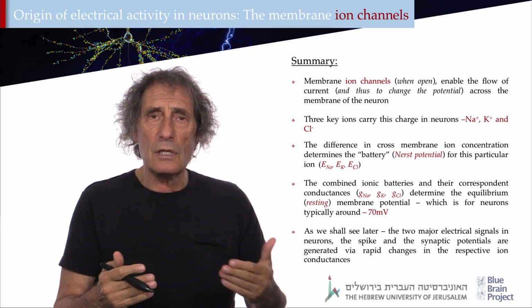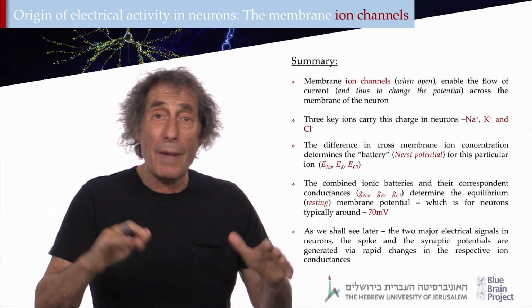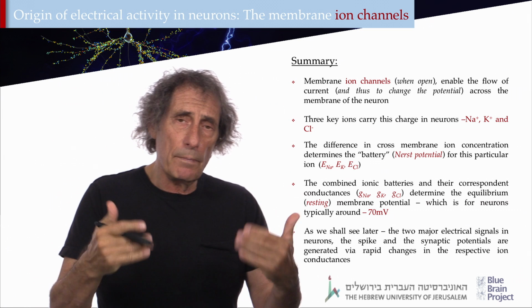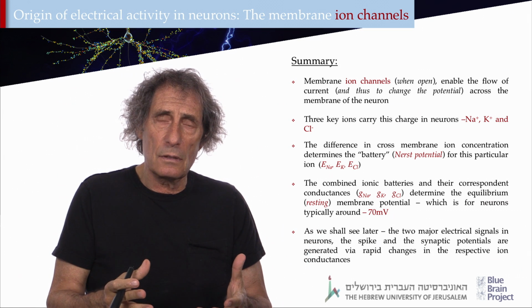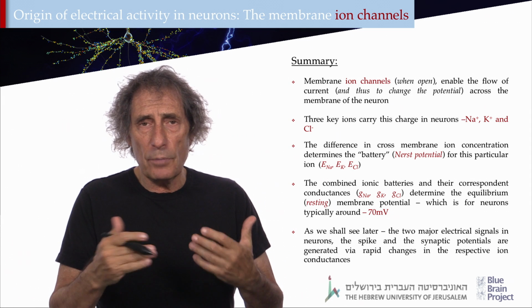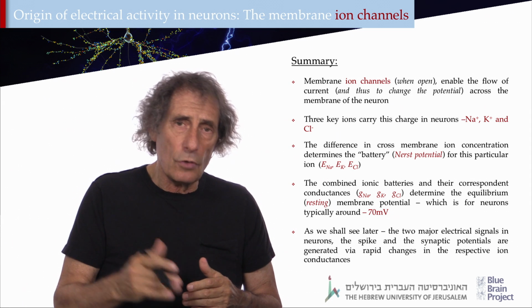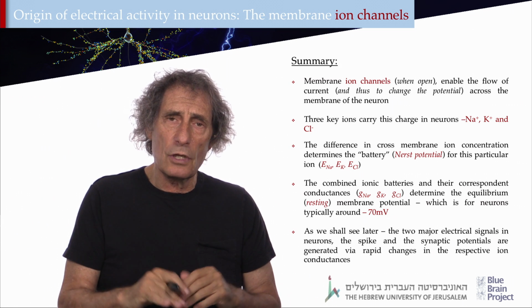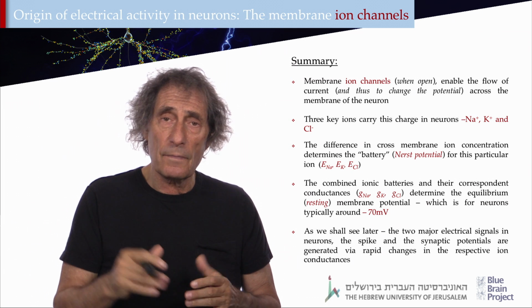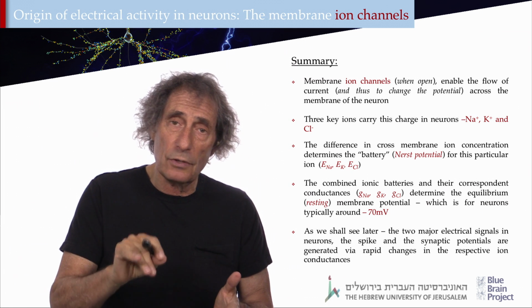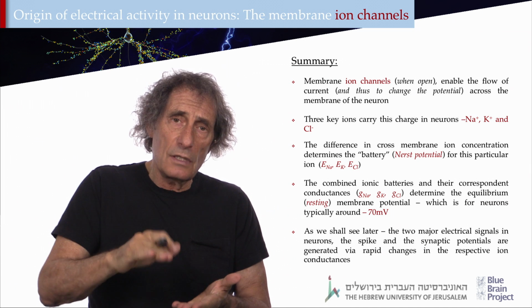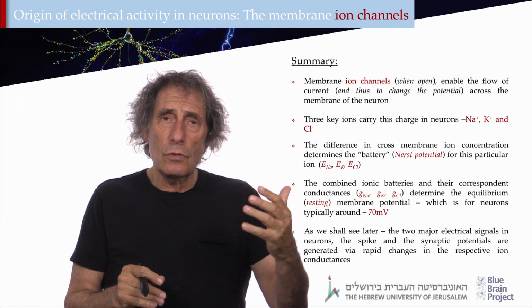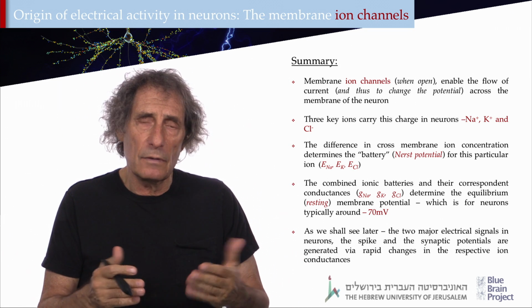I showed you that the resting potential in a typical neuron is around minus 70, negative inside compared to the outside, which, by the way, means that the dominant conductance at rest is the potassium conductance and the chloride as well. But the potassium conductance really determines mostly the resting potential, because it is associated with a negative battery, meaning that at rest the sodium is not very conductive.